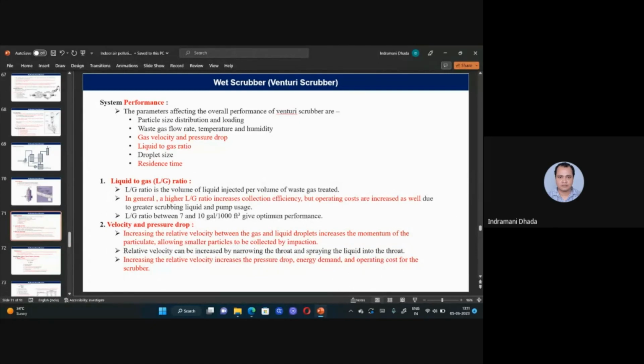You can flow the air through the gravity chamber, and at the same time spray water from the top, so that the particles can be effectively removed. Smaller particles can also be removed. So that is the combination of technology. As per your requirement, you can change. You can combine the gravity chamber with scrubber technology, and you can combine the cyclone with scrubber technology. That is the combination of things we can do with optimizing.